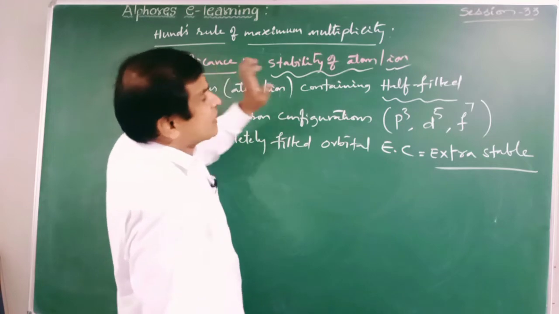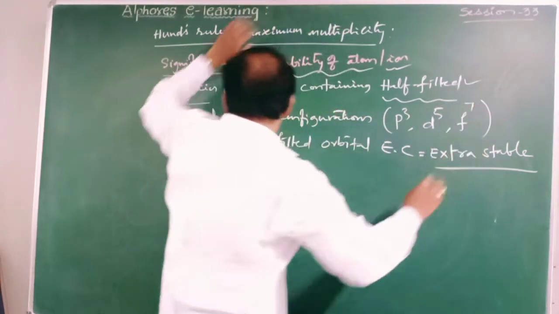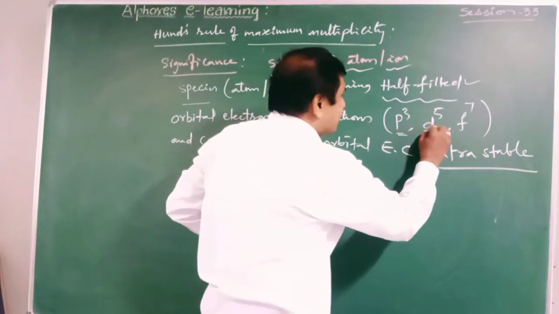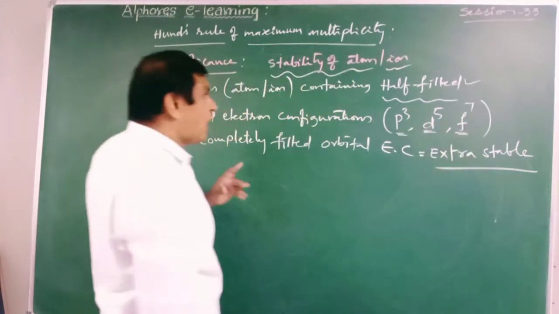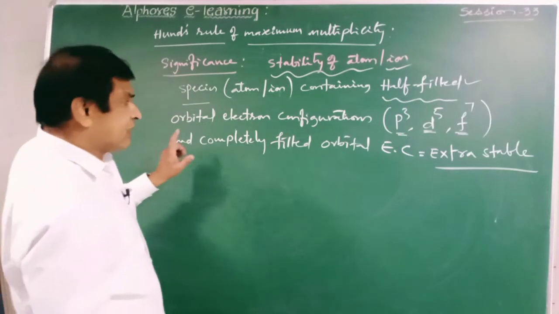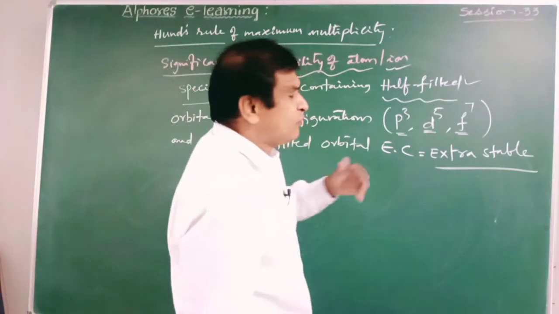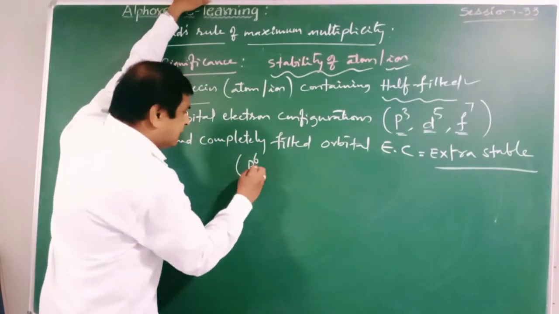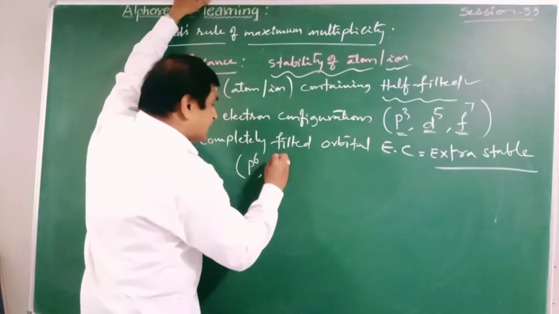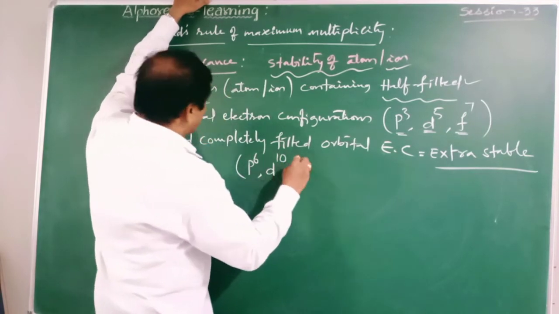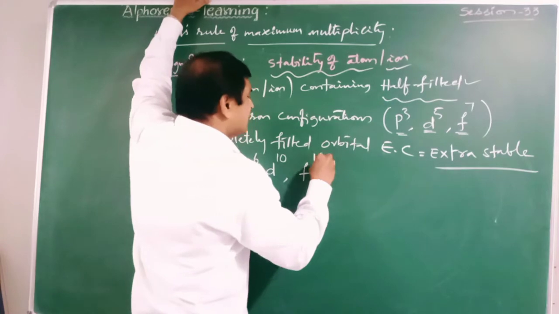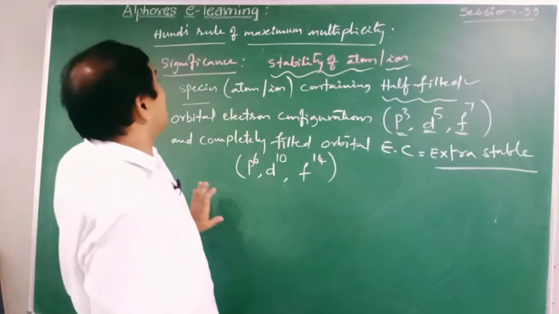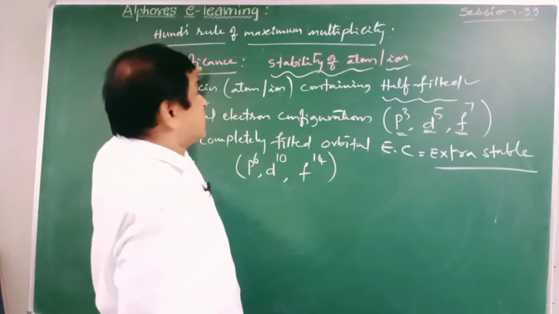The species containing half-filled orbital electron configurations like p3, d5, f7 or completely filled orbital electron configurations, such as p orbitals completely filled with 6 electrons, d orbitals completely filled with 10 electrons, and f orbitals completely filled with 14 electrons, are extra stable according to the Hund's rule significance.